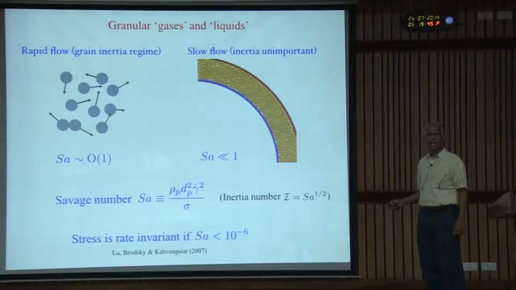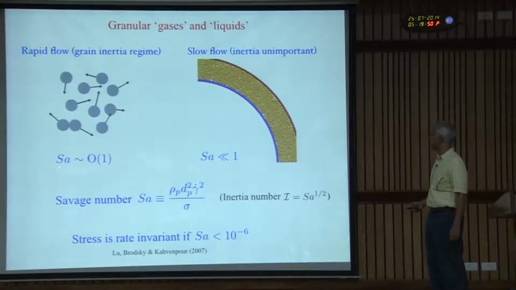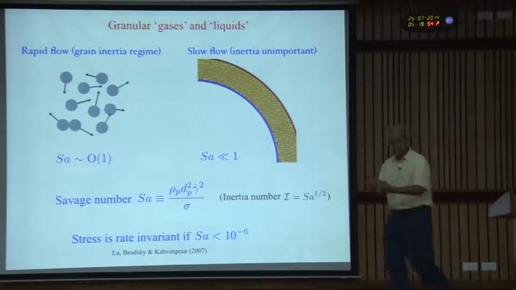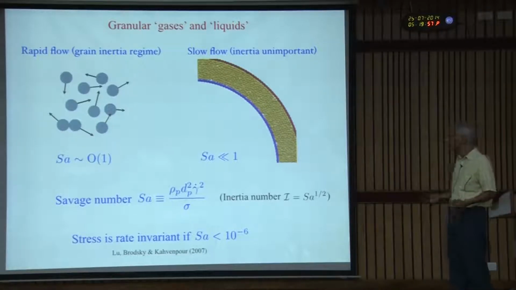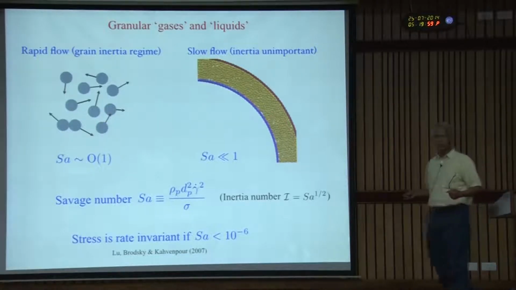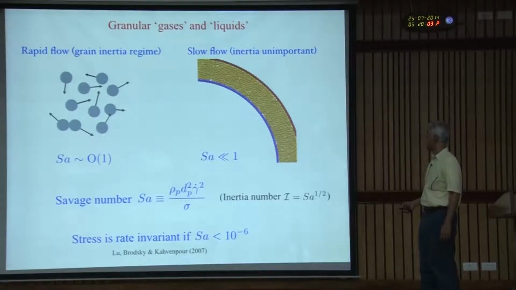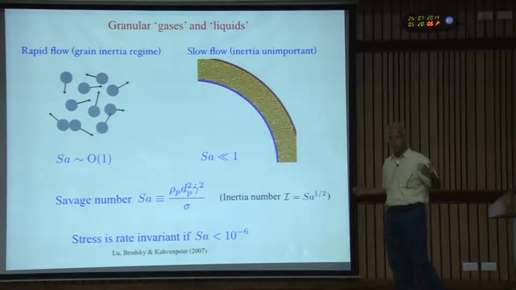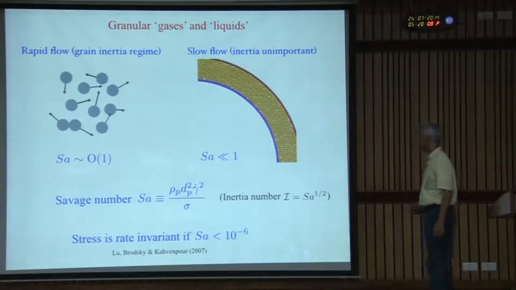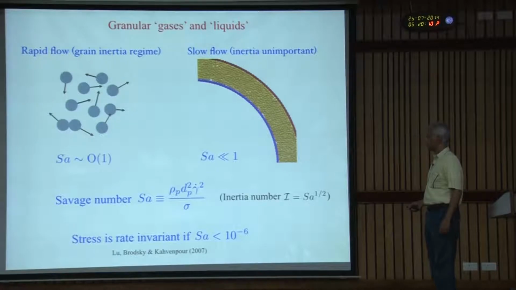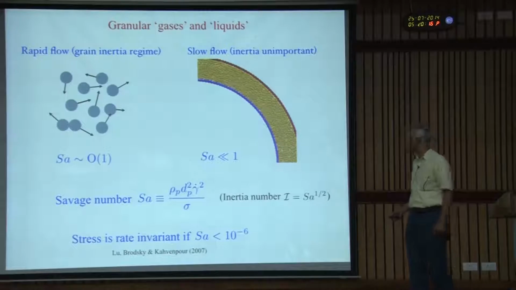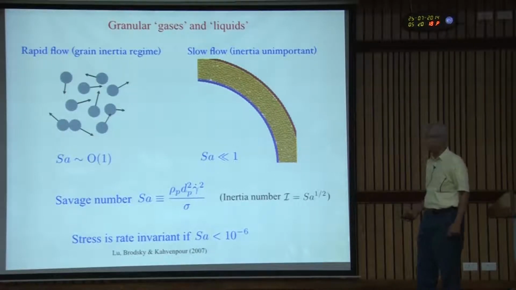And like in fluid mechanics, you can write down a number that measures the relative importance of the momentum due to short-term collisions and the momentum transmitted, or the total stress. The numerator is the momentum transmitted per unit area per unit time, the momentum flux by collisions, and the denominator is just the total stress. Gamma dot here is the shear rate.